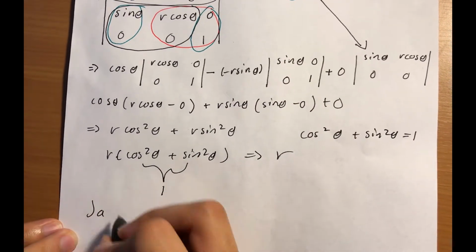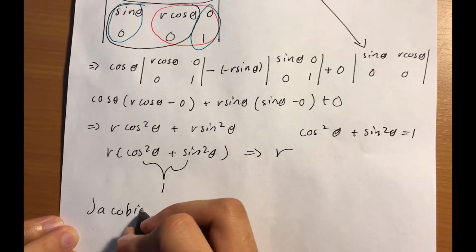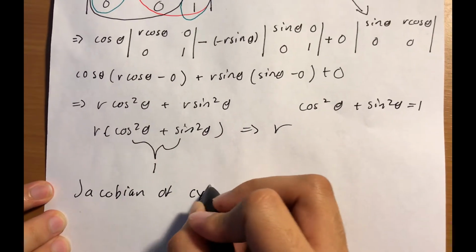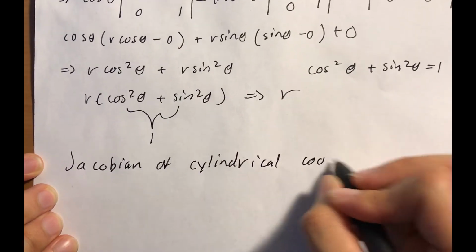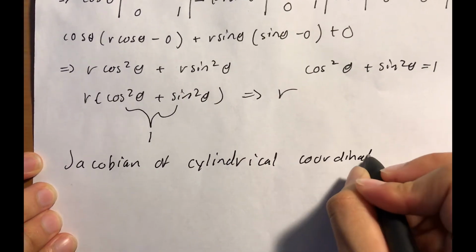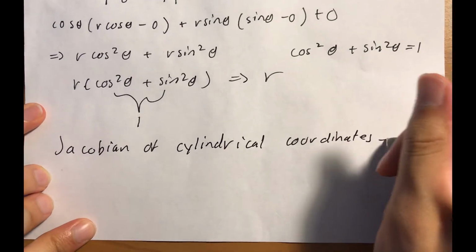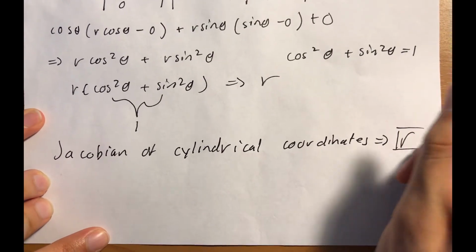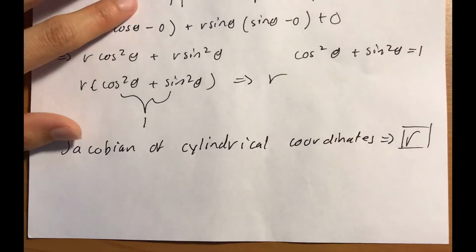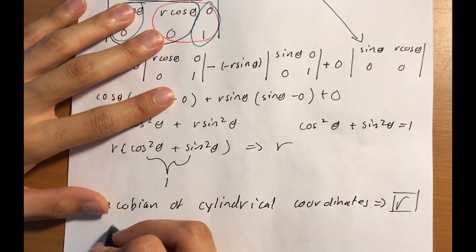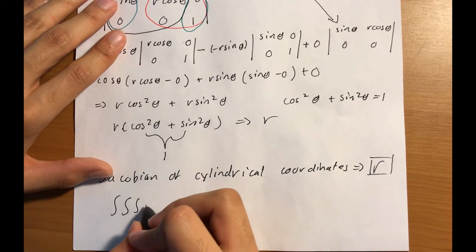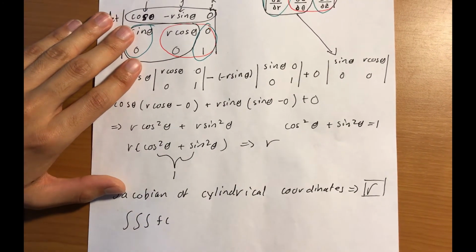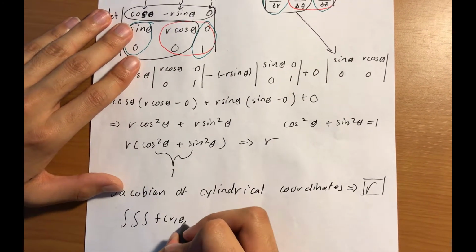So the Jacobian of cylindrical coordinates is equal to r.